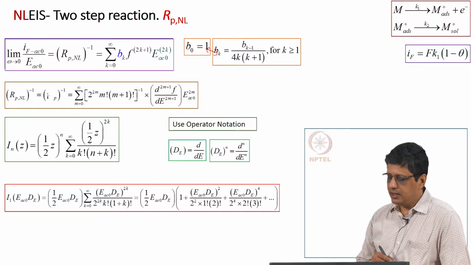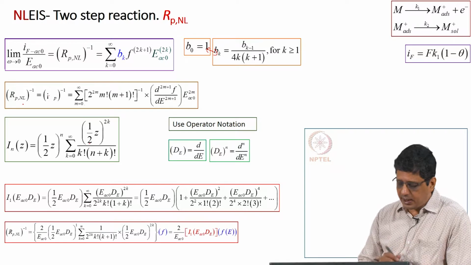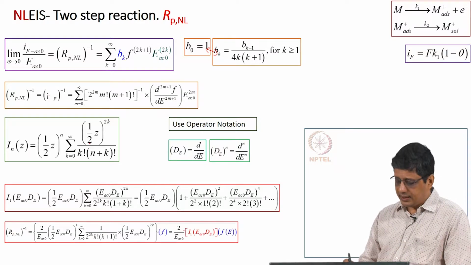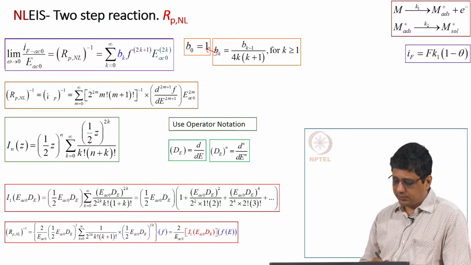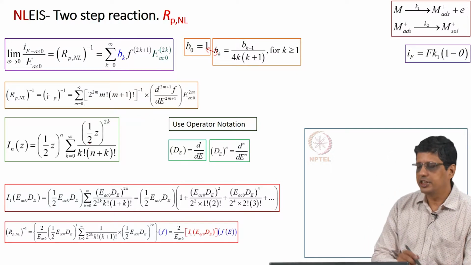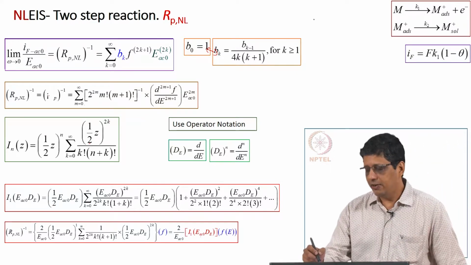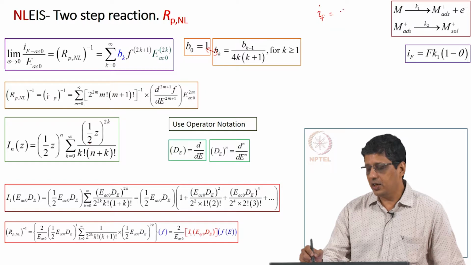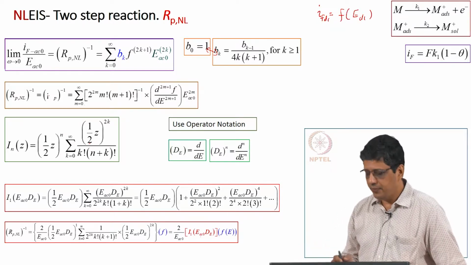They will basically mean that you can write RPNL as 2 by EAC 0, I 1 of the operator EAC 0 DE, applied on to the function f of E. So, we have a Faraday current IF dc equal to f of E dc.